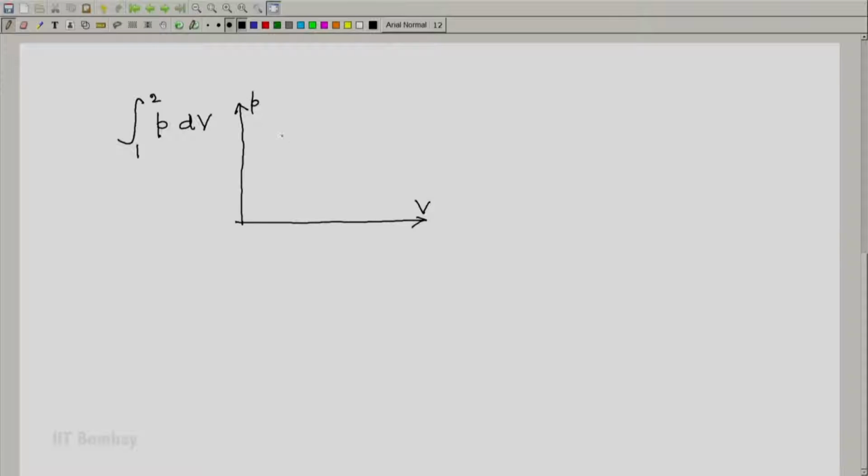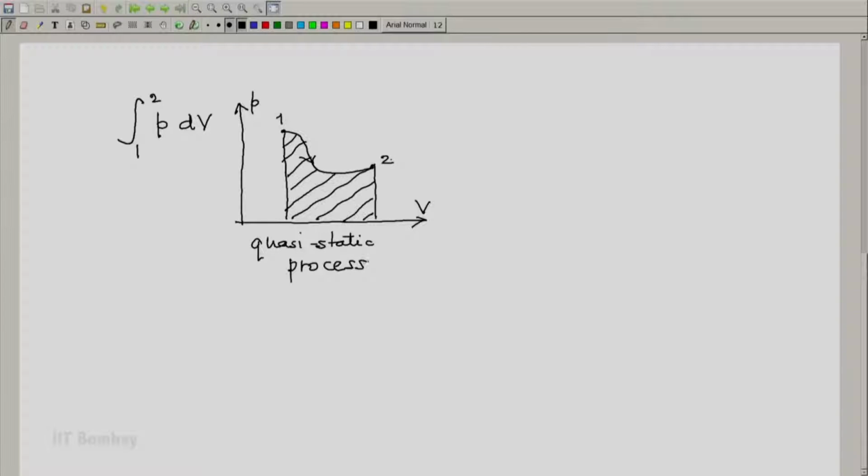It is possible that the process from some initial state 1 to some final state 2 is some quasi-static process with a continuous locus from the initial state 1 to the final state 2. In this case, the integral can be evaluated by some means and will represent the area under this curve. This is a quasi-static process and integral P dV can be evaluated.